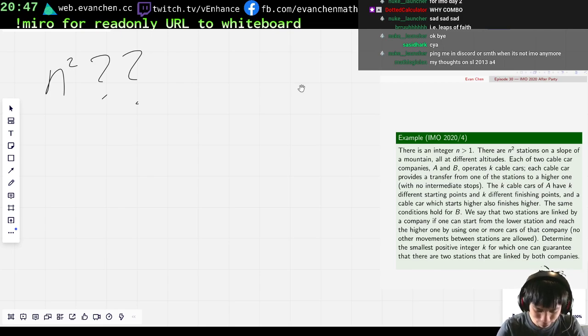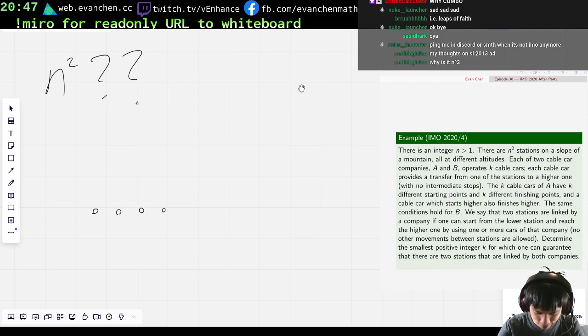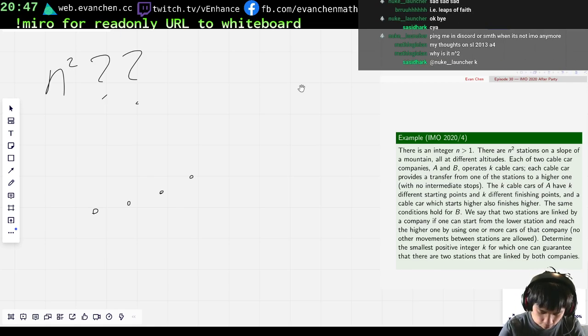We're going to draw a square. And I guess I'll elevate the square. Why not? So welcome to Mount something. I'm not sure what. The slopes of Mount Inequality, I guess.